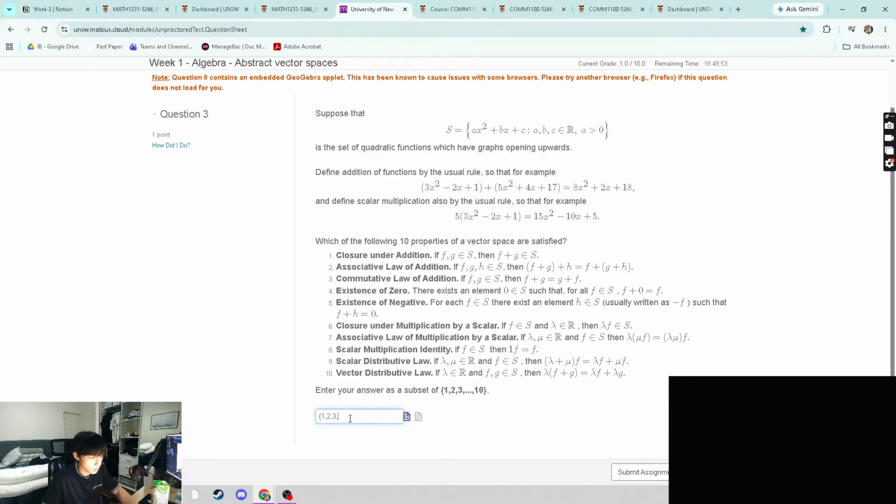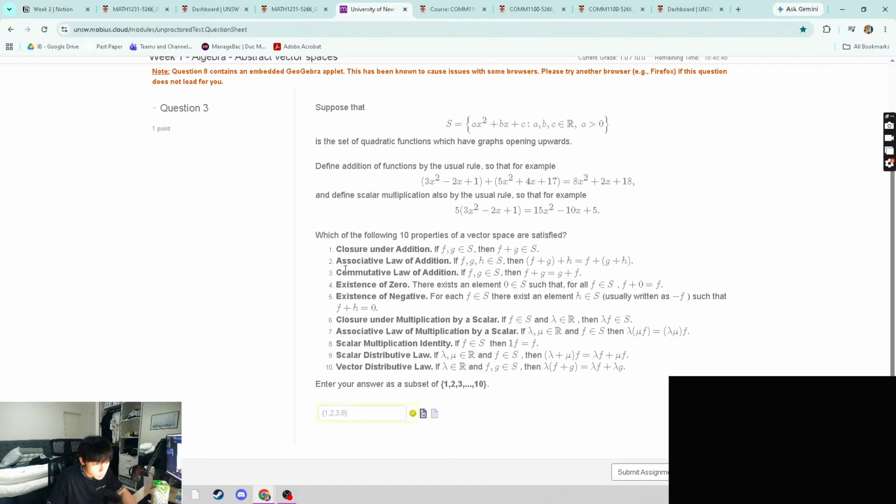Okay, so 1, 2, 3, 8. I think that's it. Closure under multiplication, probably not.